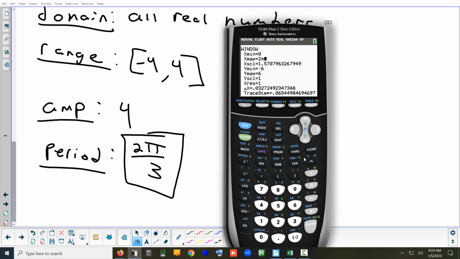If you set your window to go from 0 to 2 pi over 3, you just set the width of your screen to be exactly 2 pi over 3. So when you hit graph now, you're not going to see it go up and down a bunch of times. You're going to see it do exactly one cycle.